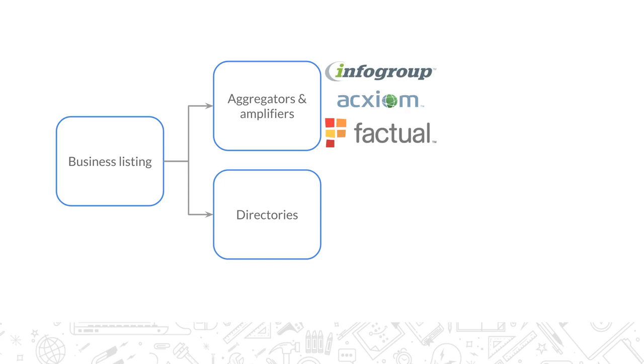So for example, maybe your listing gets picked up by one of these large aggregators or amplifiers, right? The Infogroups, Axioms, and Factuals of the world. Or maybe you and your business partners go out and create listings in directories such as Yelp or TripAdvisor, whatever is most relevant for your industry, right?